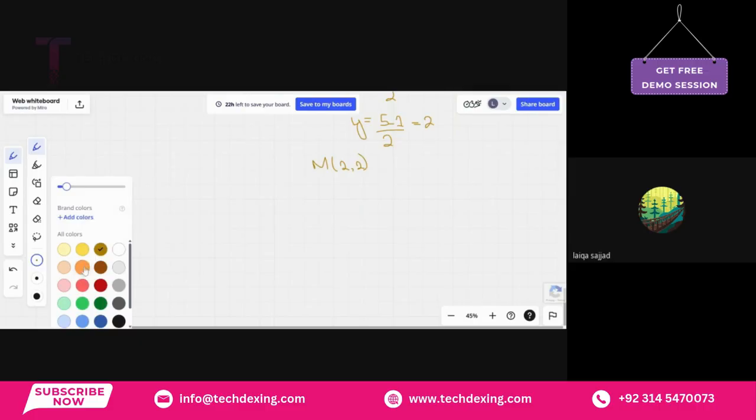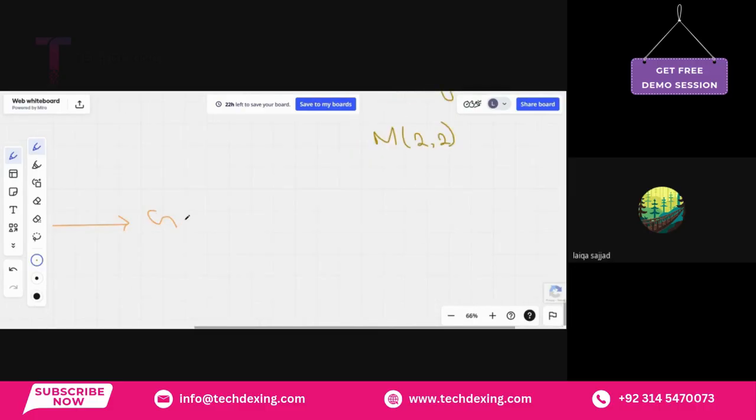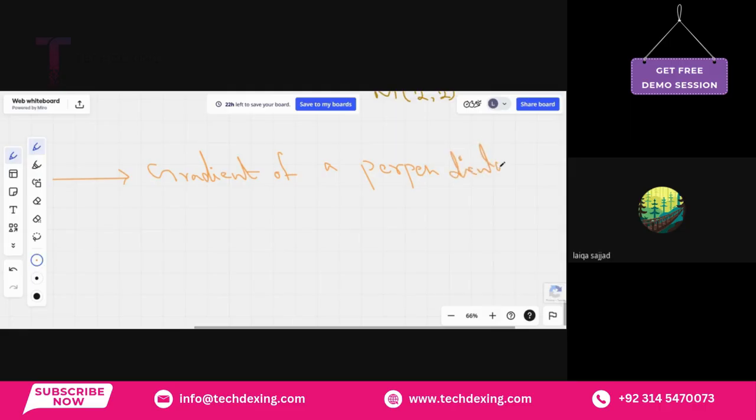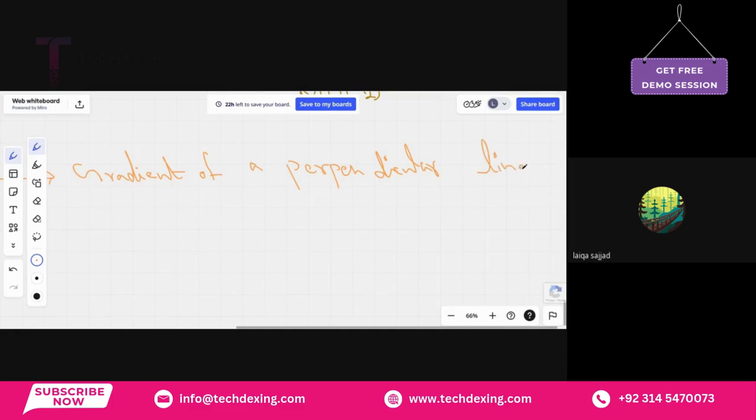This is about the gradient of a line perpendicular to a line. For example, I am given a line AB, with these 2 points.